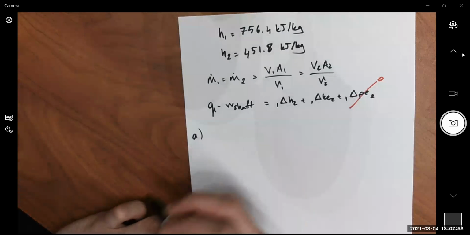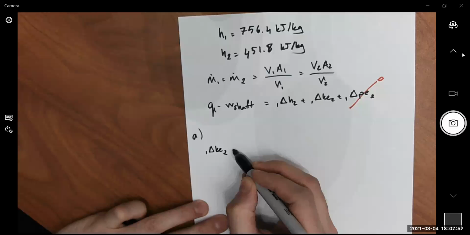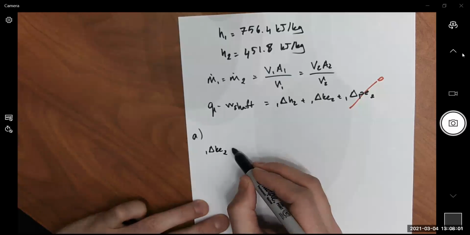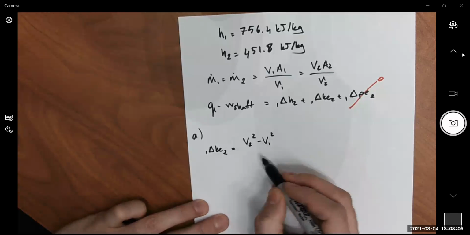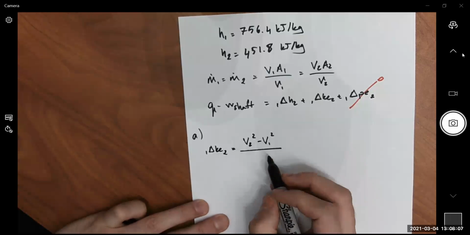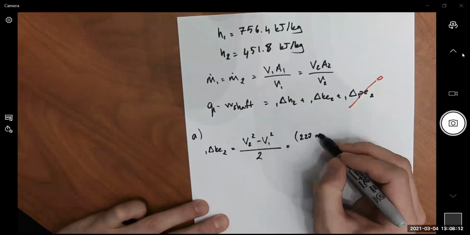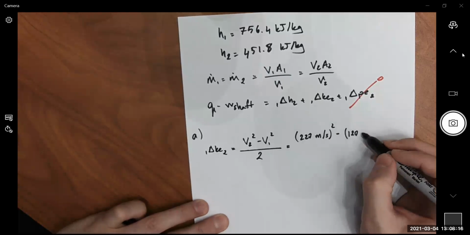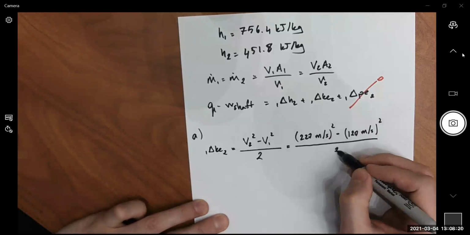A, the kinetic energy difference from state 1 to state 2, or from inlet 1 to exit 2, will be velocity 2 squared minus velocity 1 squared divided by 2, which is 220 meters per second squared minus 120 meters per second squared, divided by 2.